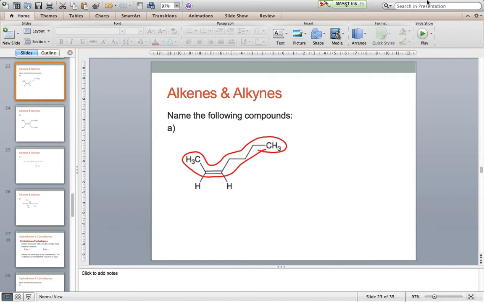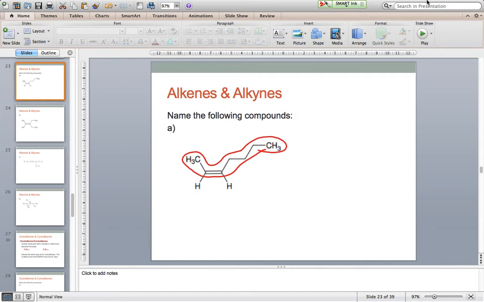Before I write the name, I'm actually going to number this because step 2, the numbering, the one that I asked you to pay really close attention to, is slightly different from alkanes. When we are numbering an alkene or an alkyne, so an unsaturated hydrocarbon, we need to give preference or priority to the location of the double or triple bond. So here we've got a double bond.